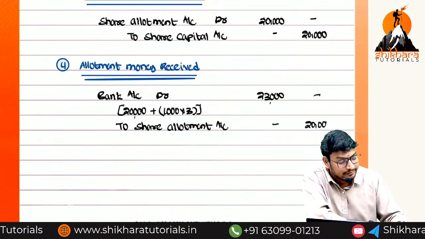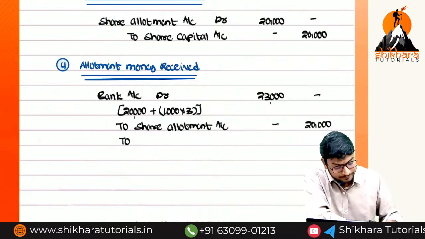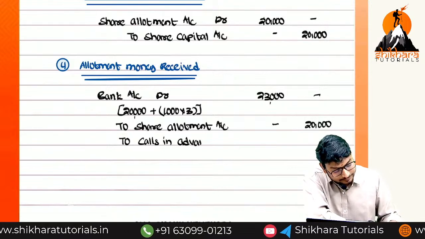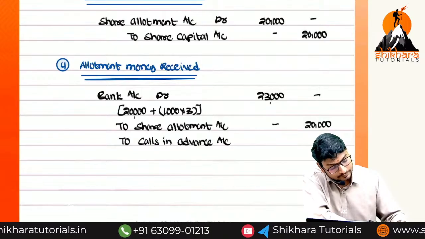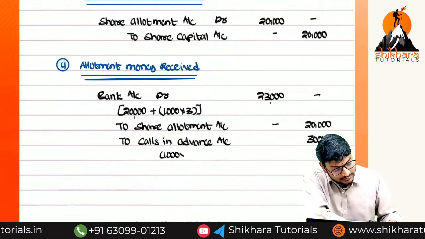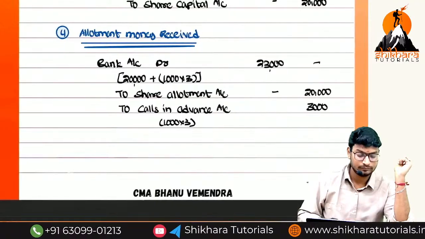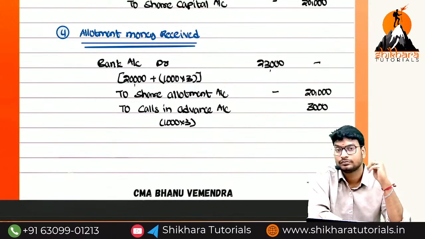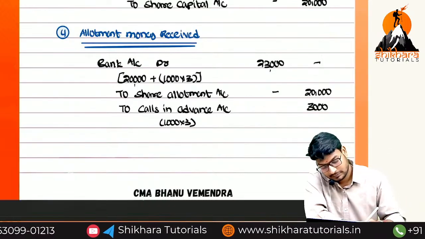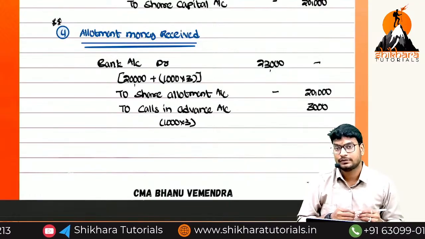And the remaining 3,000 will be transferred to calls in advance. What is the calculation, ma? 1,000 into 3 rupees. Is there any doubt? 1,000 into 3 rupees. Okay.